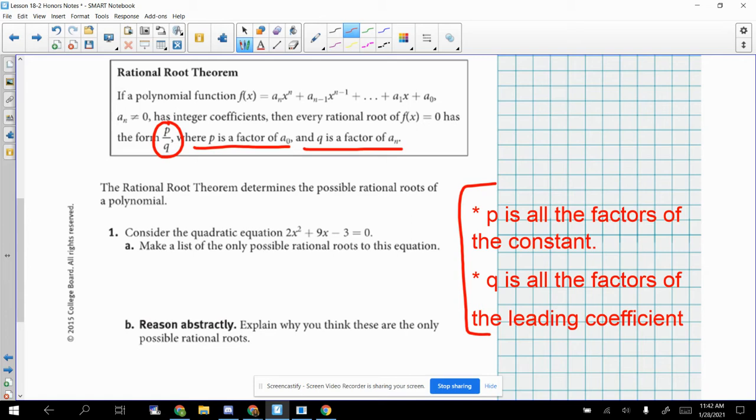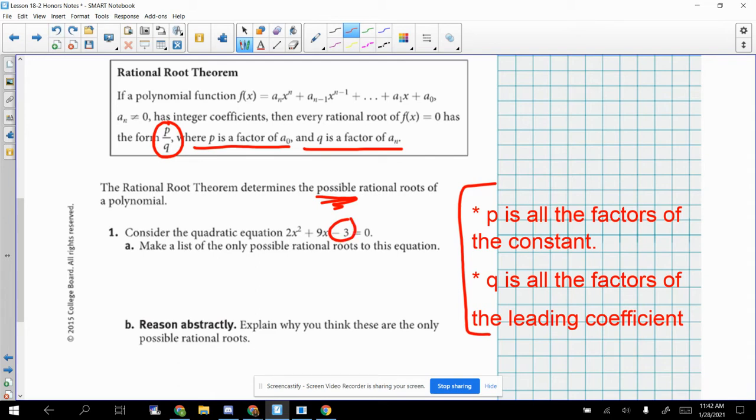It says here the rational root theorem determines the possible rational roots, okay? So it's not saying that all of these are the rational roots. It's saying that they are a possibility that they could be, okay? So here's what we do. If we're given this quadratic equation here, what we would do is take the coefficient of the constant, which is -3.